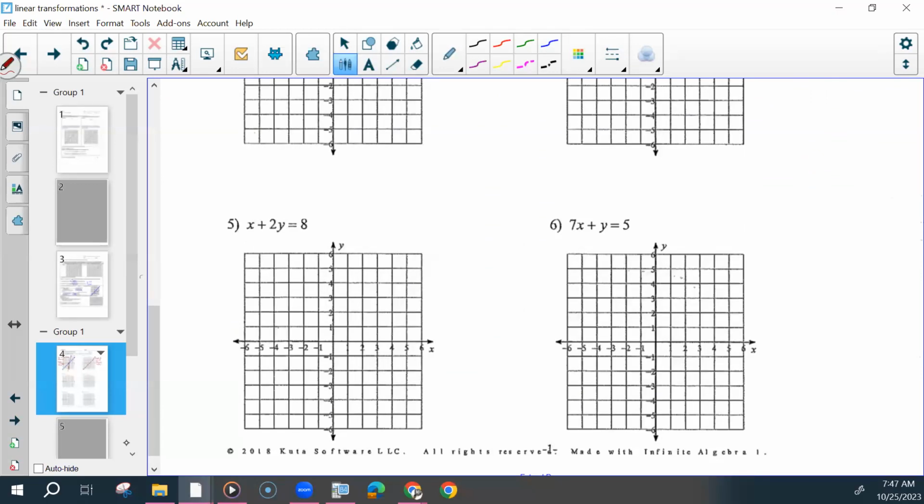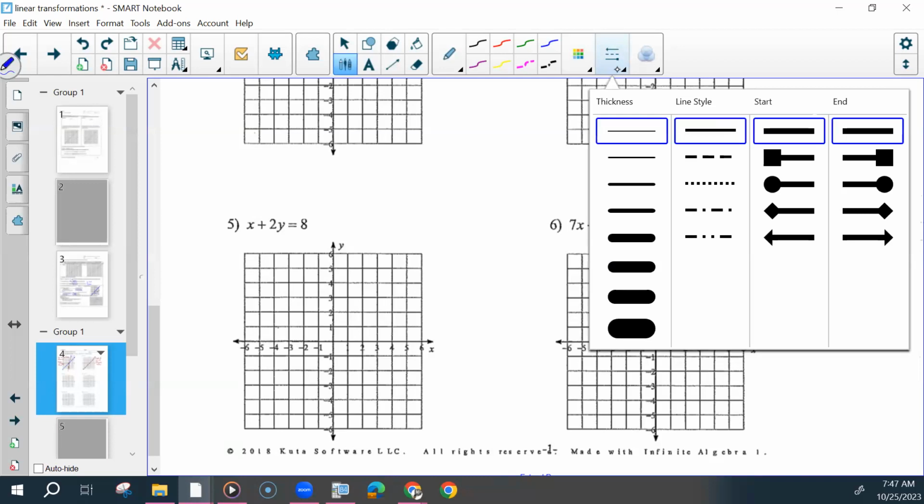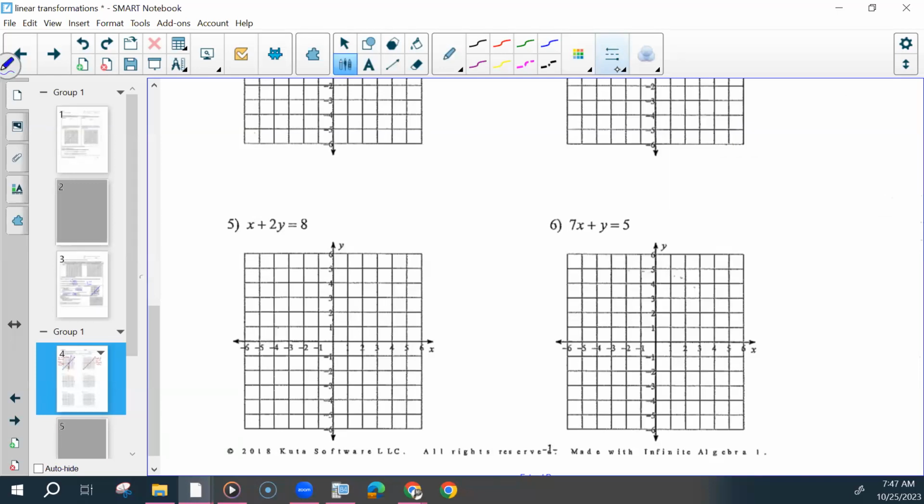So we would need to solve this first. So how would I get this back in slope intercept form? Divide everything by 2.